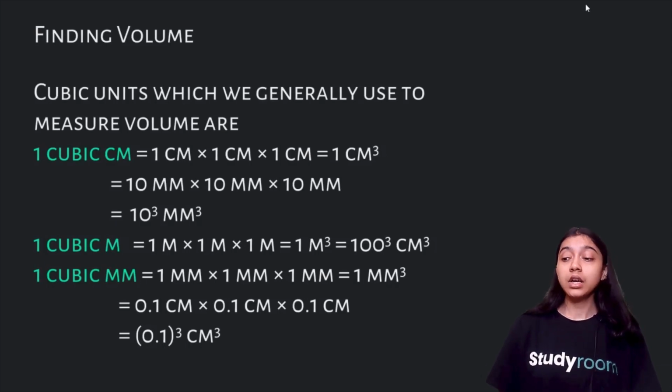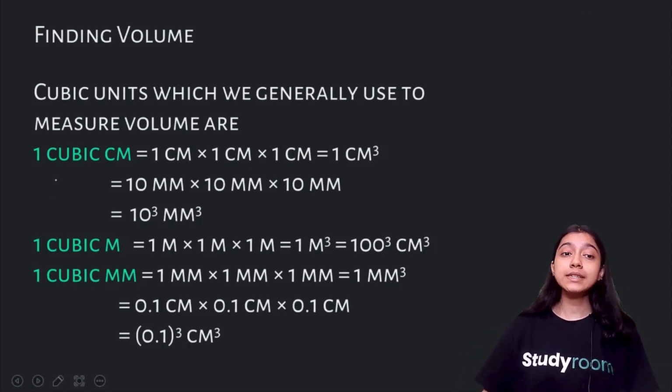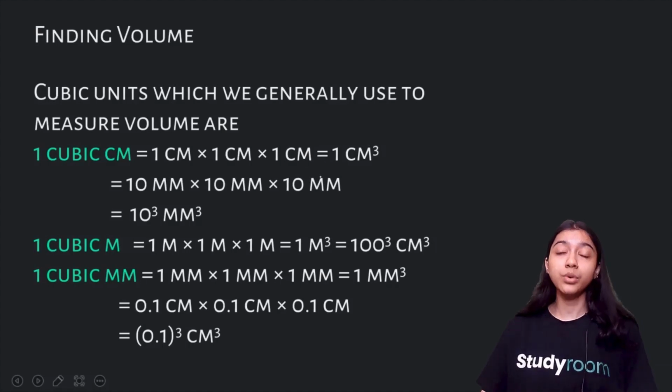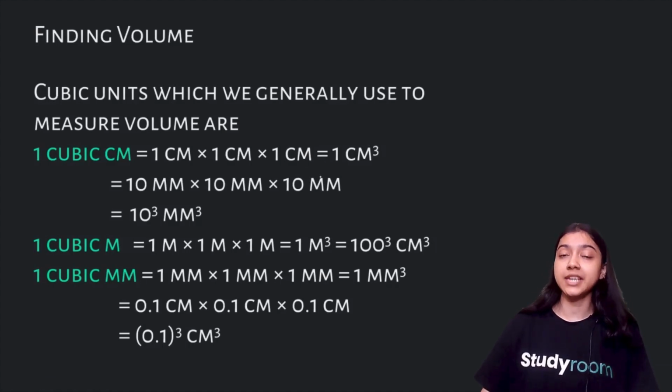So the first on the list is 1 cubic centimeter. 1 cubic centimeter means 1 centimeter multiplied with 1 centimeter multiplied with 1 centimeter. So centimeter, centimeter, centimeter 3 times gives us 1 centimeter cube. Now, we can convert this centimeter into millimeter as well because we know that 1 centimeter is equal to 10 millimeters.